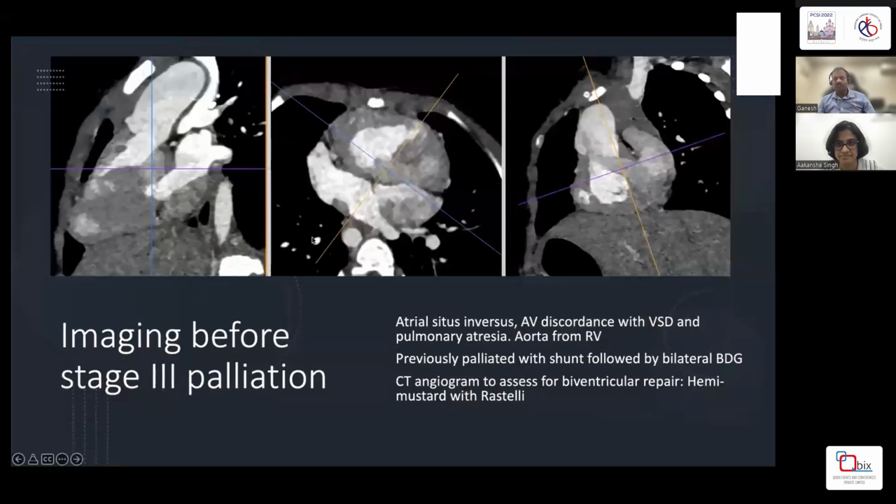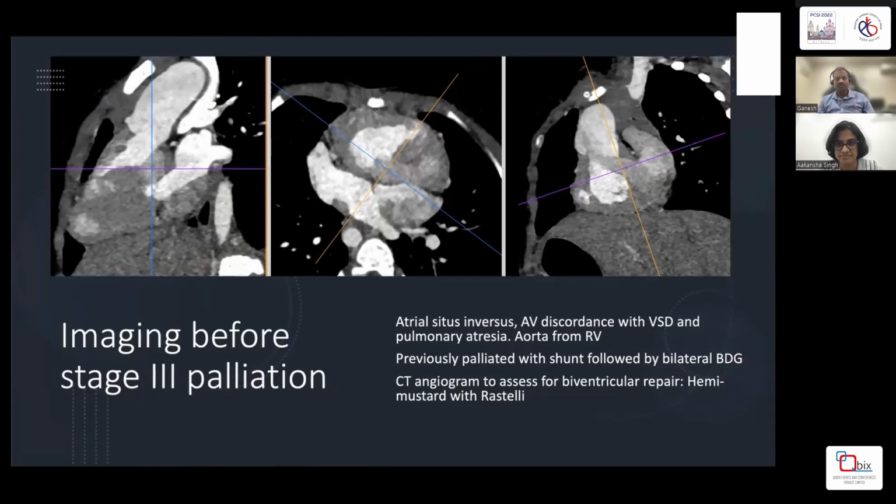Another example: this patient had atrial situs inversus, AV discordance with ventricular septal defect and pulmonary atresia, aorta coming off the right ventricle, previously had bilateral bidirectional Glenn, and this CT was performed for assessment of biventricular repair.